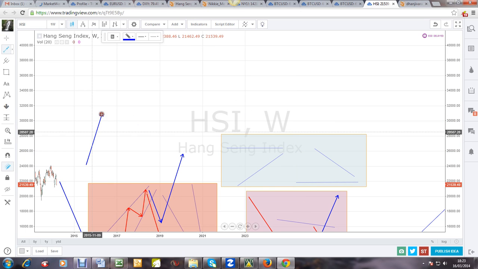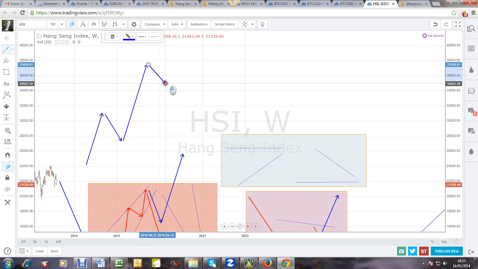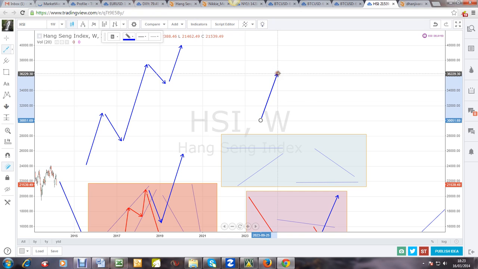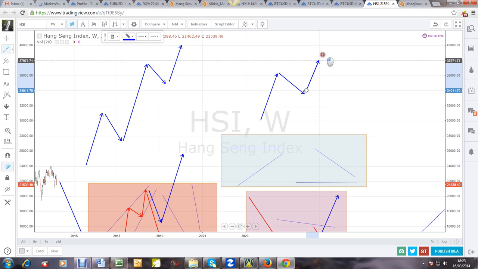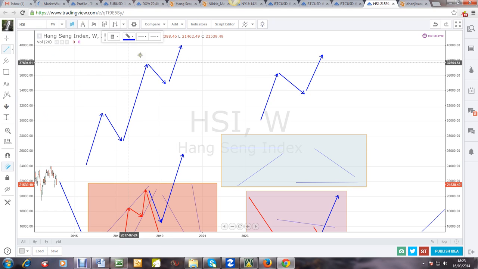Okay, so we have wave 1, then you get a retracement, wave 2, then you have a wave 3, for example, then you have a wave 4, and you have a wave 5. Or you might get wave A, wave B, and wave C. So once we have identified that, you would see a triangle in this location here.